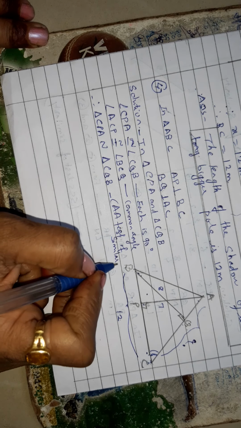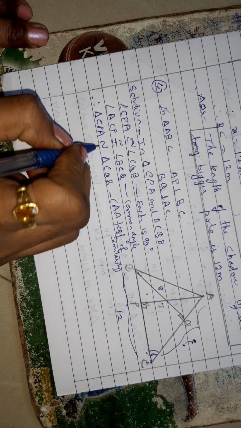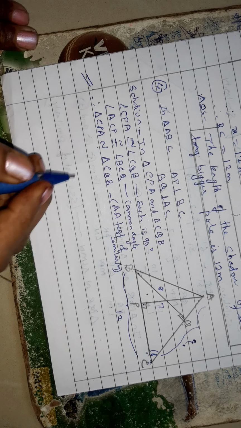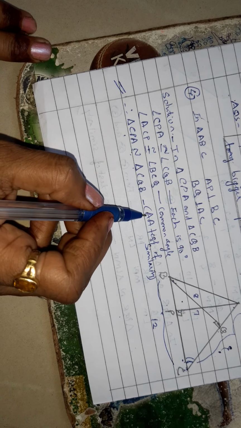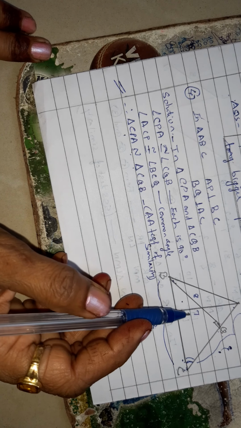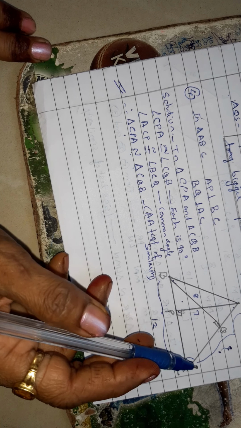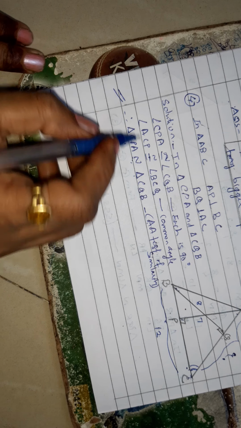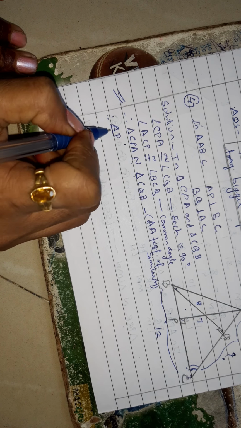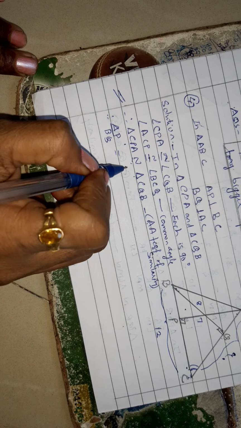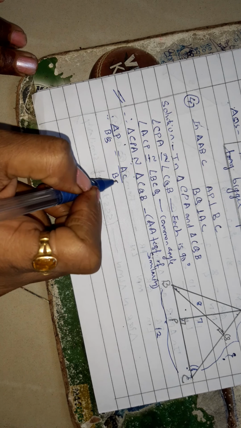Now once we have proved that they are similar, this is our first answer. We have to find out AC. How will you find out AC? Now as they are similar, their ratio of the corresponding sides we have to write here. AP upon BQ is equal to AC upon BC.